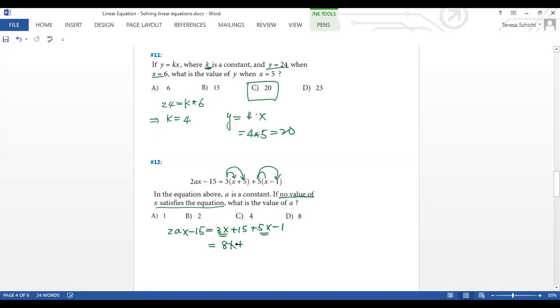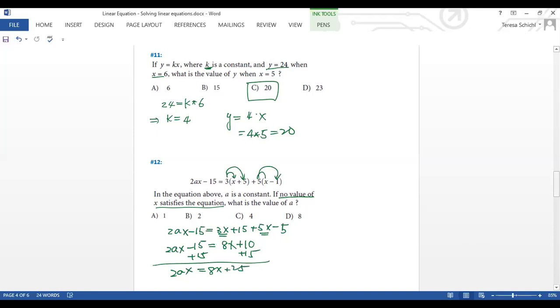Sorry, I did it wrong here. So it's 5 here, so it's plus 10. Okay, so it's ax plus 10. And my left-hand side is 2x minus 15. Okay, so I add 15 to both sides. So I have 2ax equal to ax plus 25.